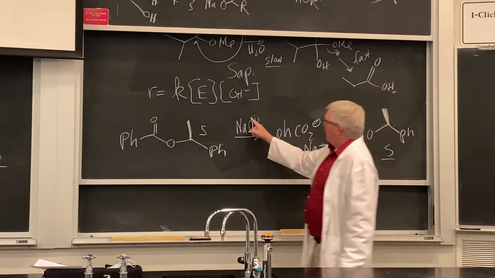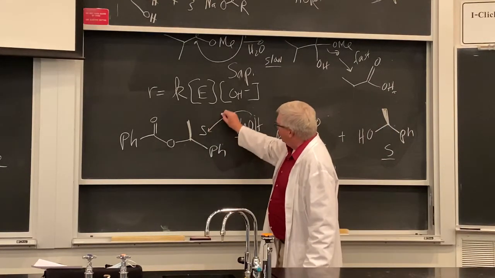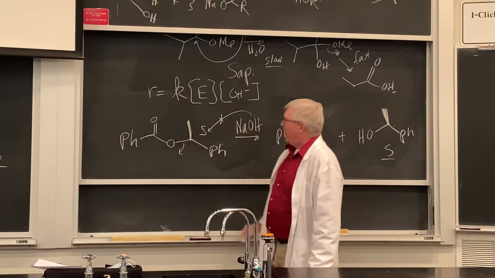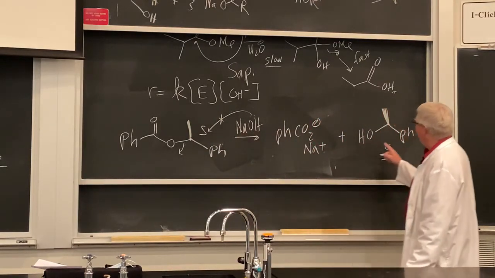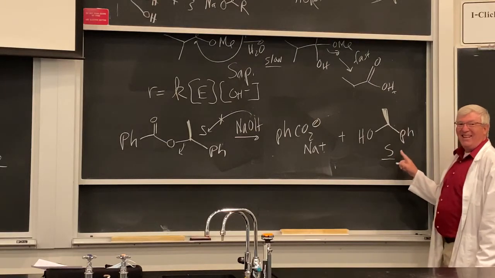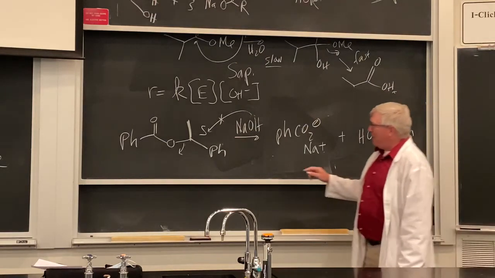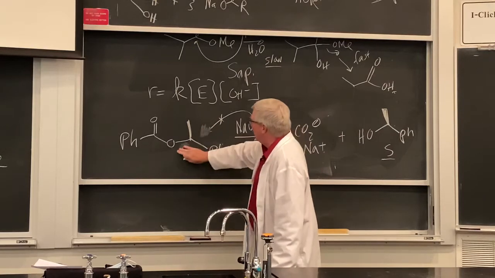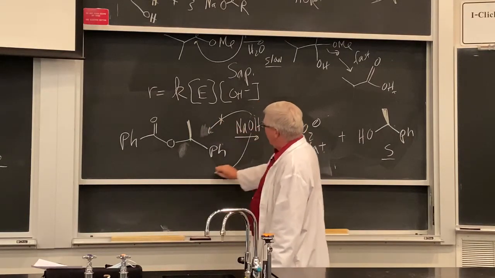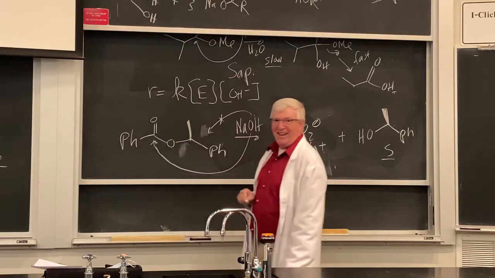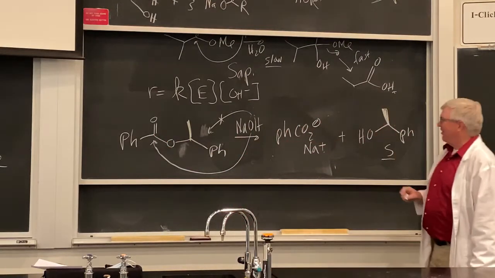So the mechanism does not involve this pathway, direct attack here, and loss of the ester as a leaving group, right? Because that would invert that and give, instead of the S, the R. So a little bit about the mechanism. This clearly shows it's not that approach there, so let's say no there. The approach is here, and that goes directly there.